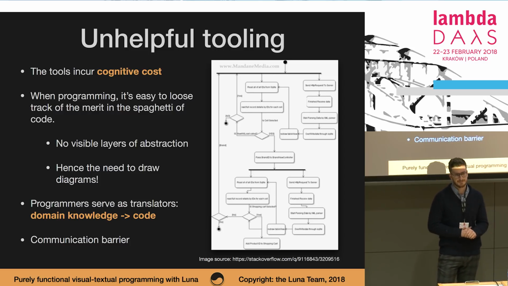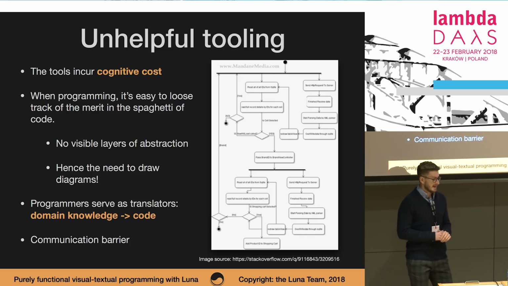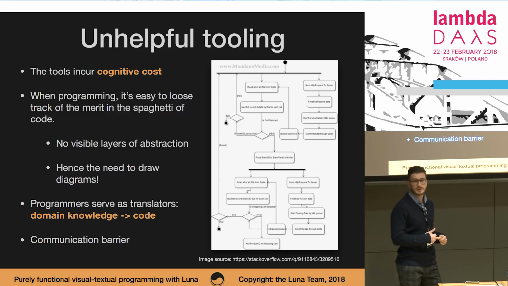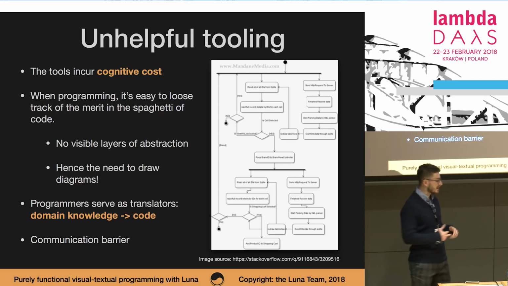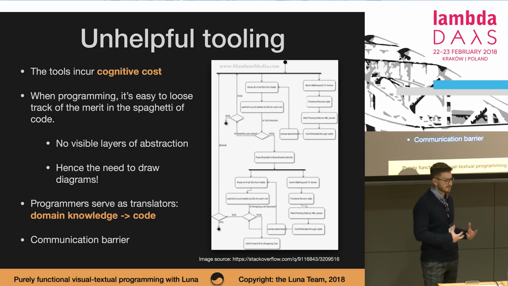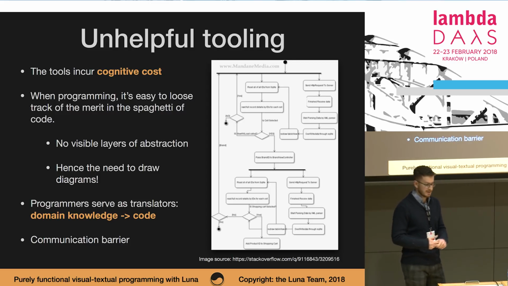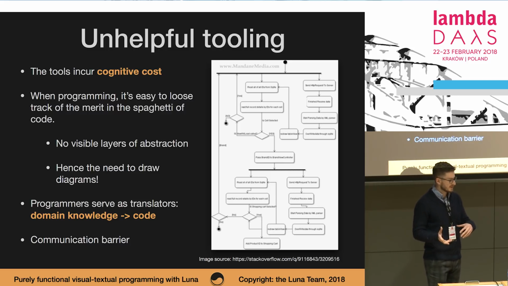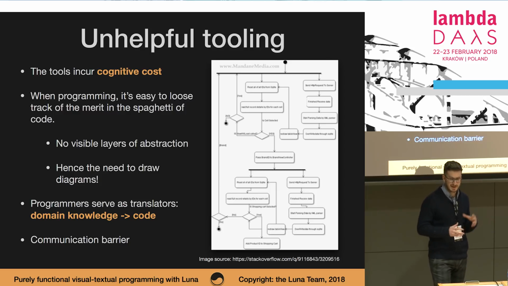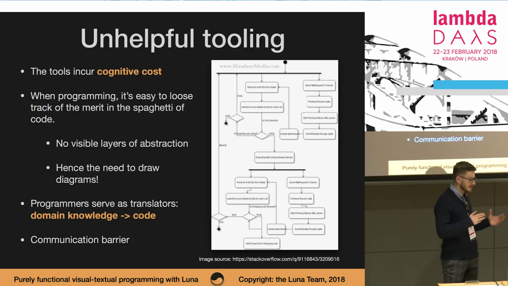Okay, the next problem is that programmers in most industrial settings are serving as translators from the domain knowledge that the domain experts possess into the code, right? The programmers wouldn't like to learn as much about the domain of the problem as they need to, and the domain experts wouldn't like to really learn programming if they don't have to.